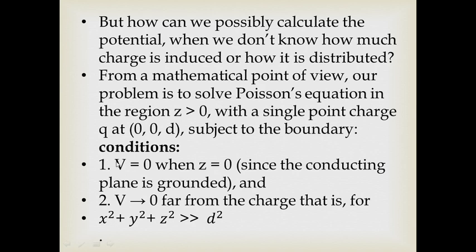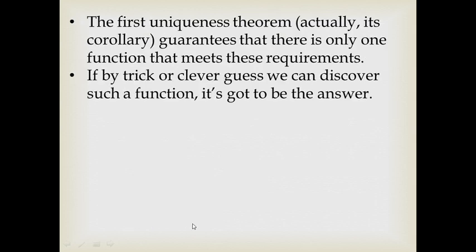Potential on both boundaries is specified. That is, V equals 0 when z equals 0, since the conducting plane is grounded. And the second boundary condition is that V tends to 0 far from the charge, that is, if x squared plus y squared plus z squared is greater than d squared. That is the other boundary enclosing our region of interest.